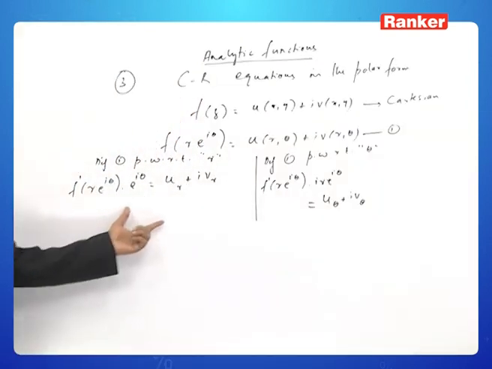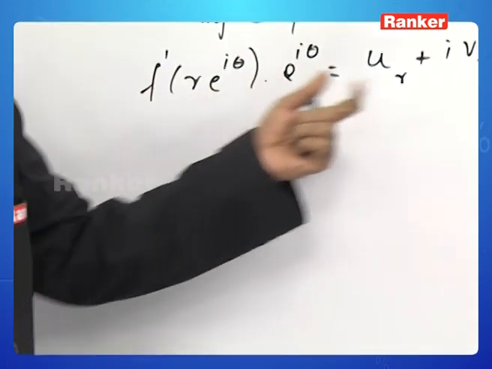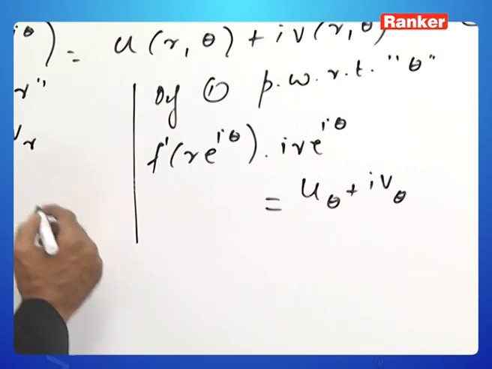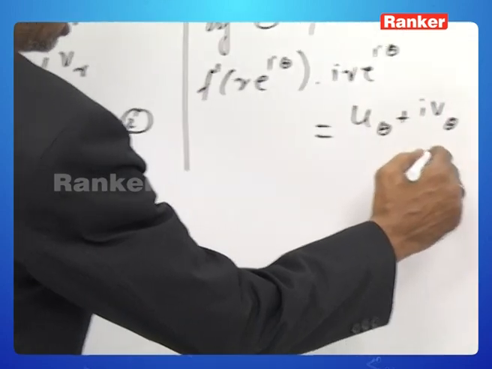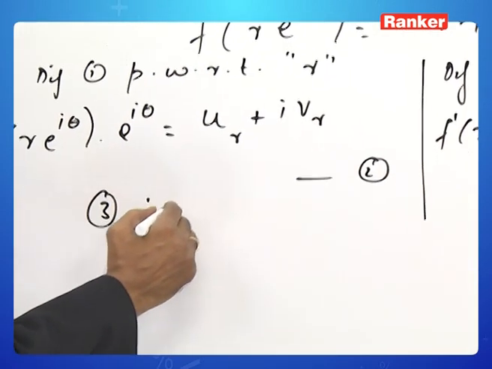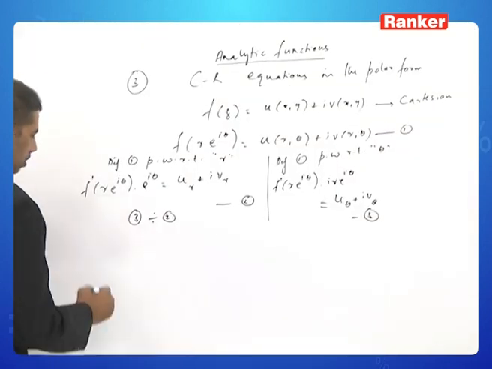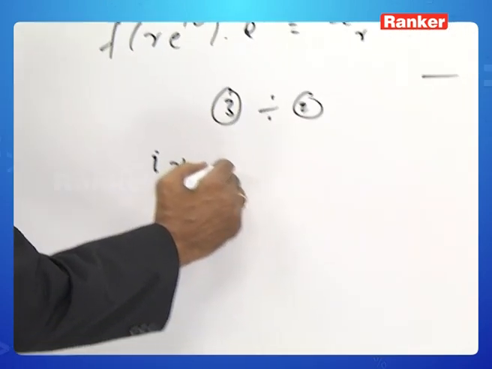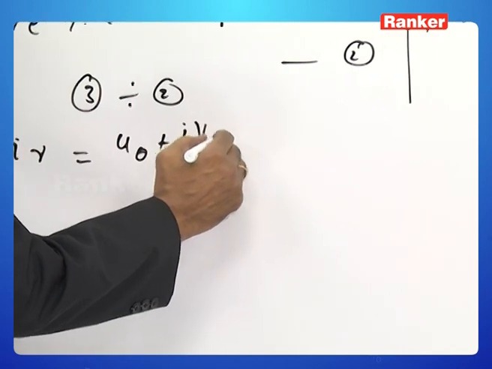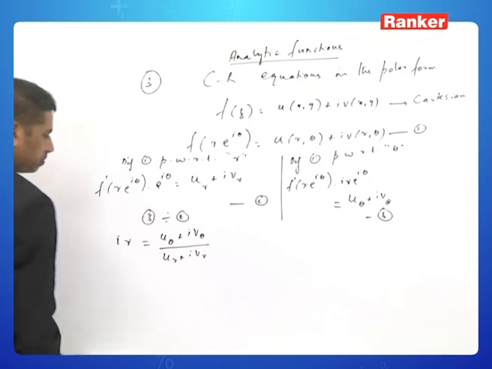So now we have these two expressions. The easiest way, the basic thing is to eliminate f dash. So we simply divide. Let us say this is second equation, this is third. Suppose you divide the third equation with the second equation. Then you will be left with i r is equal to (u theta plus i v theta) divided by (ur plus i vr).